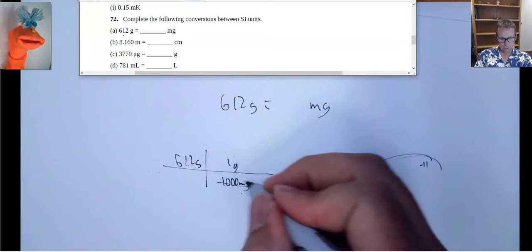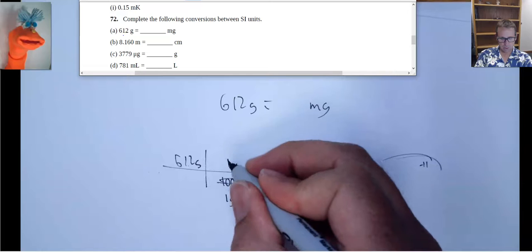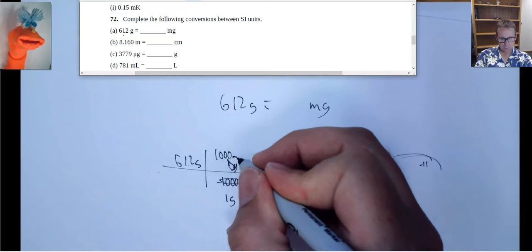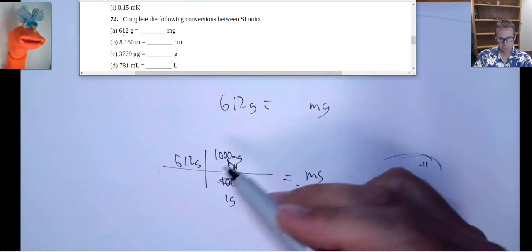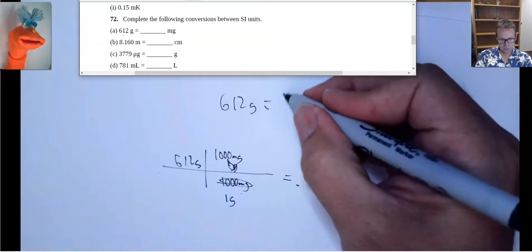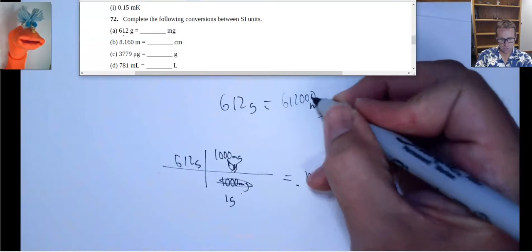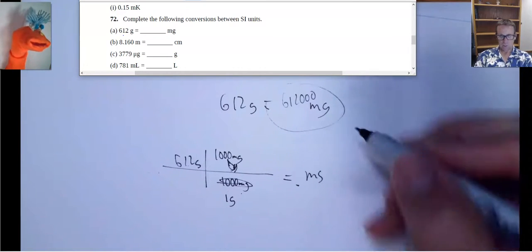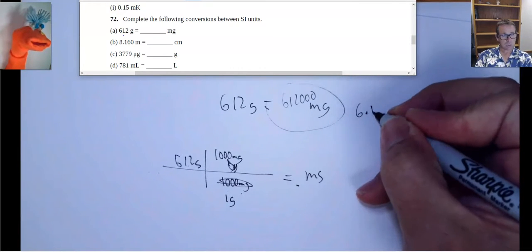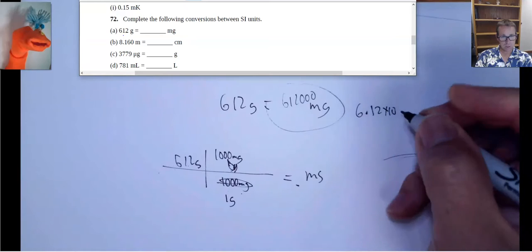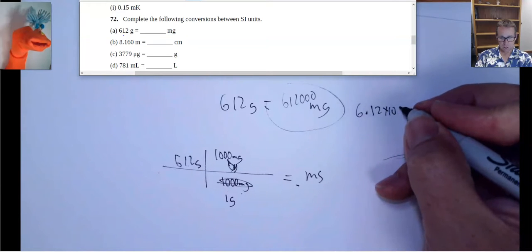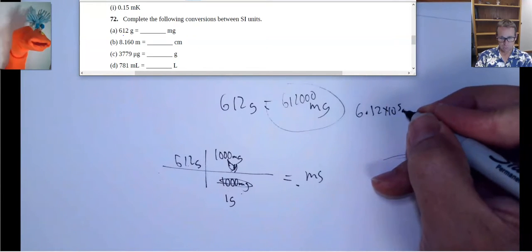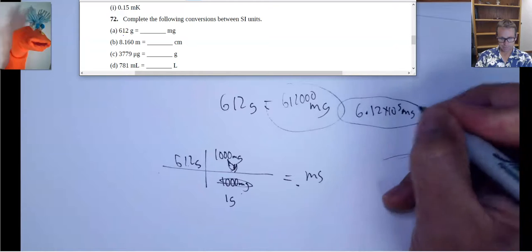I need the 1 gram down here, 1,000 milligrams there. Very good. So this times 1,000 is 612,000. That's how many milligrams there are in that many grams. And I maintain the same number of significant digits, or in other words, 6.12 times 10 to the 5th milligrams.